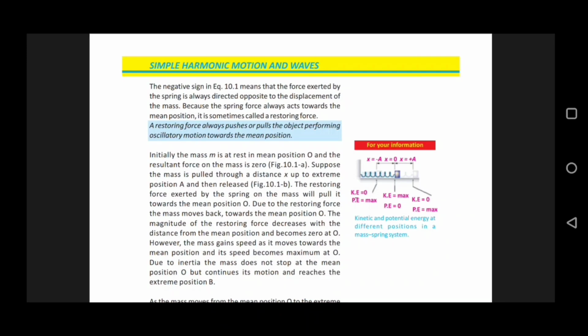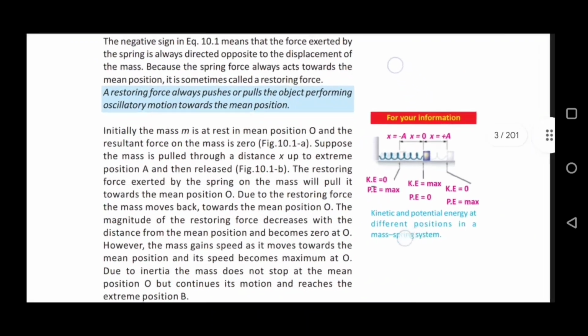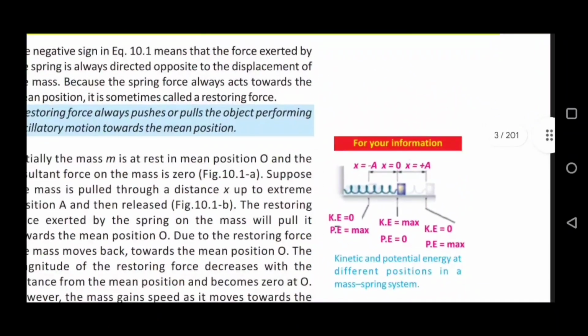And at the extreme position, on the positive x-axis it can be plus A, any value, and on the negative x-axis it will be the same value. I say that the OA and OB distances will be equal, but with opposite sign, because one is on the positive x-axis and the other on the negative x-axis. At these two extreme positions, kinetic energy is equal to 0, because there is no speed.